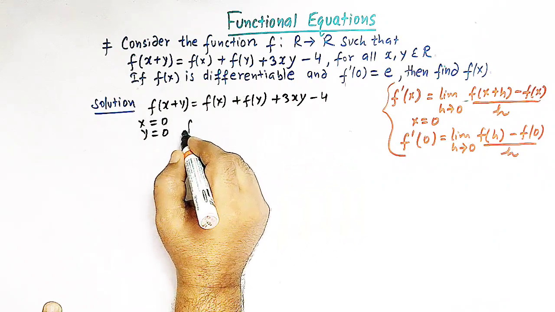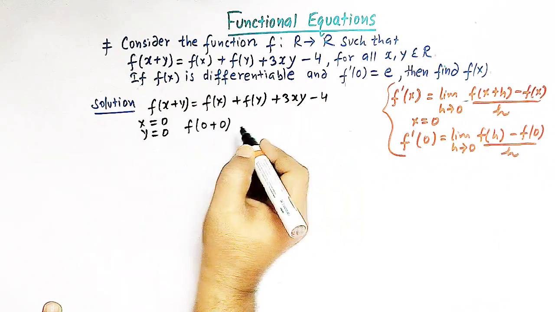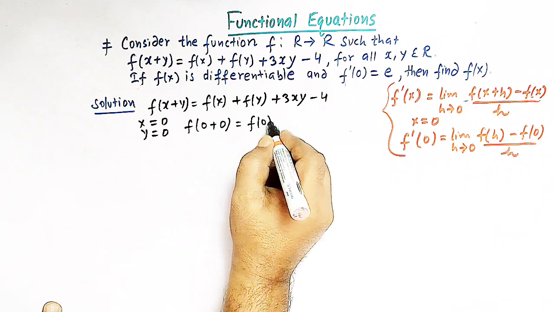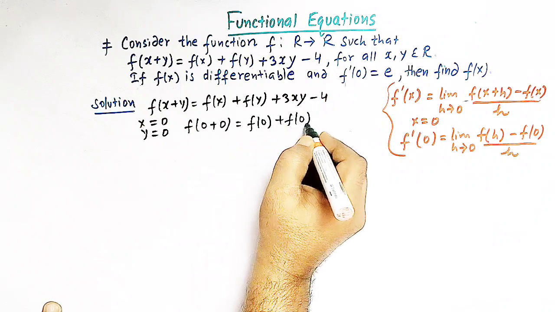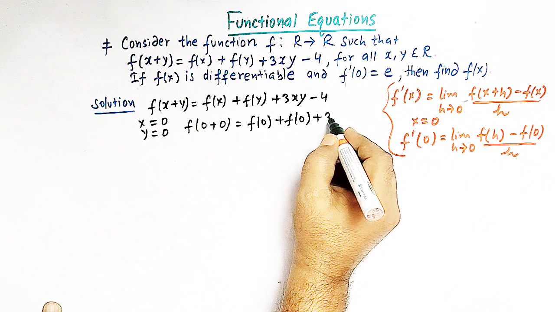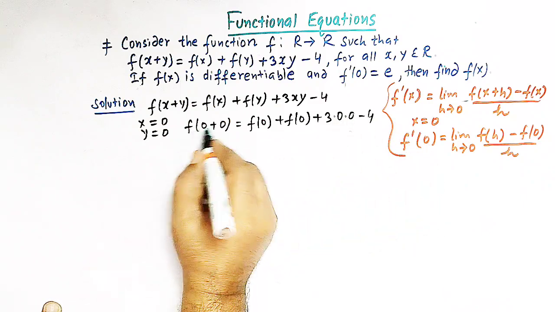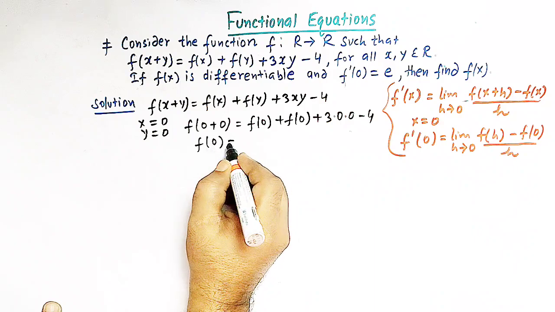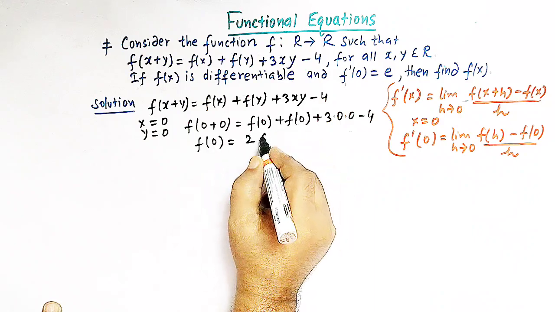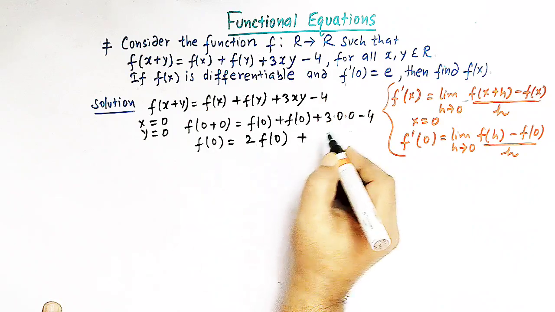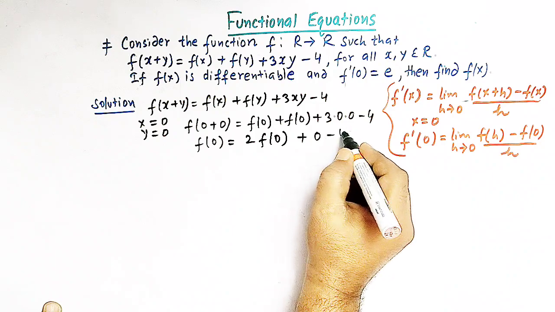So we'll get f of 0 plus 0, and here we have f of 0 plus f of 0, and here we have 3 times 0 times 0, and here we have 4. So this is f of 0, and here we have 2 times f of 0, and this is 0 minus 4.